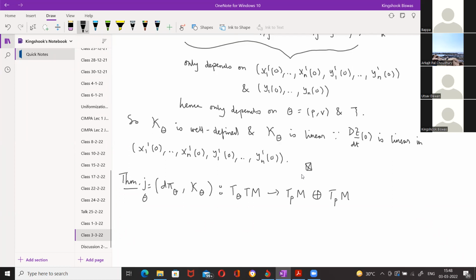The second entry is the change in the head. This is a linear map. We want to say that this is an isomorphism. Is this clear? Yes?